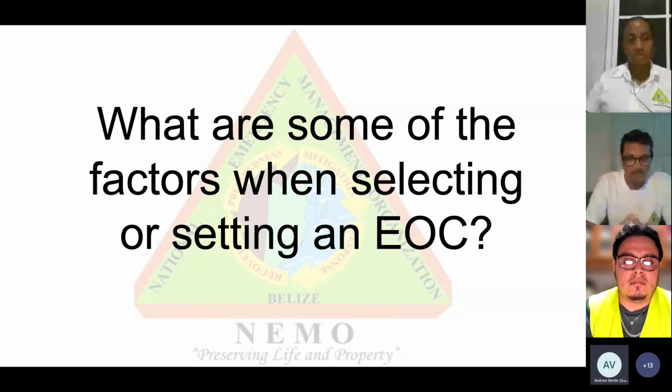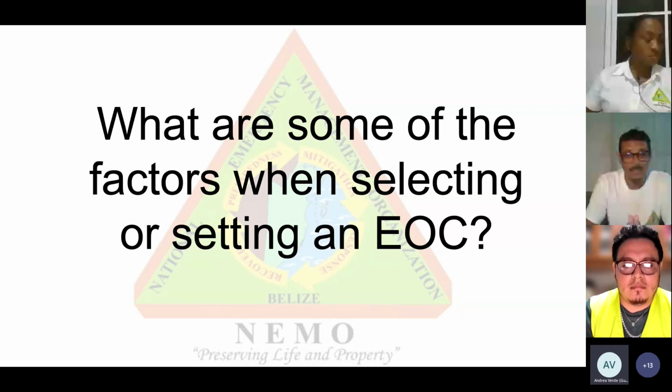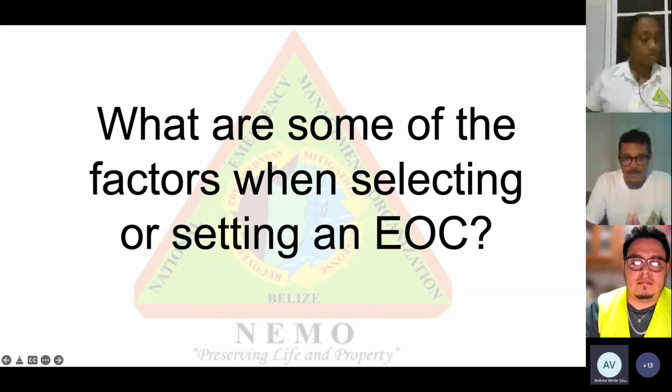Ideally, you want all of these things, because people in the EOC will be spending long hours there. You would sleep there, you will eat there, you will shower there, you will work there for a period of time. That is what an EOC is designed to accommodate in a real crisis situation, right? So next slide.